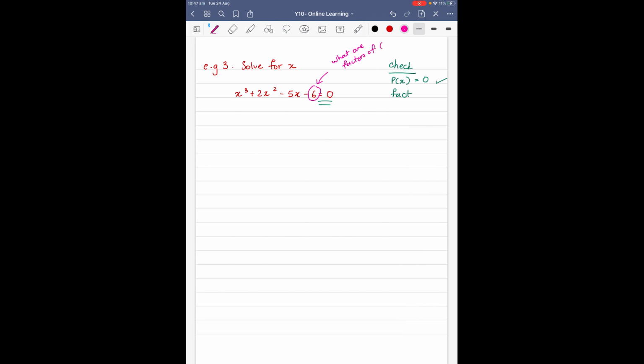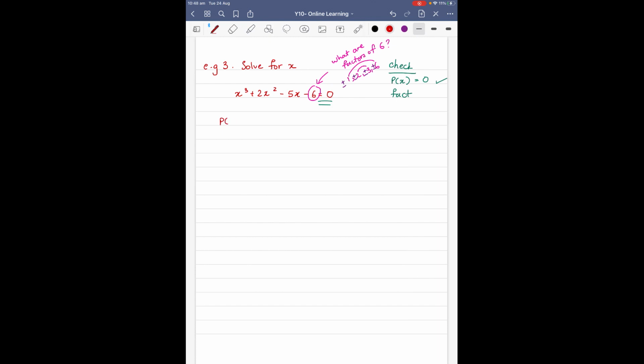So we know the factors of 6 are 1, 2, 3, and 6, because 2 times 3 is 6 and 1 times 6 is 6. So when you're testing or trialing and error your factors, you're going to substitute in positive or minus 1, positive or minus 2, positive or minus 3, or positive or minus 6. So we'll skip 4 and 5 if it doesn't work. So let's give it a go.